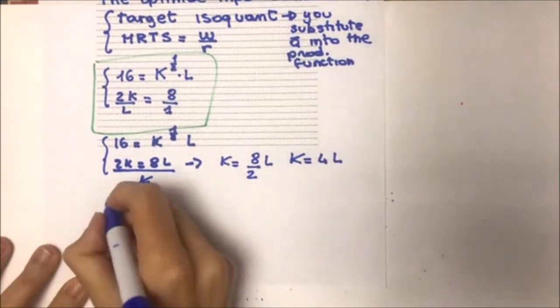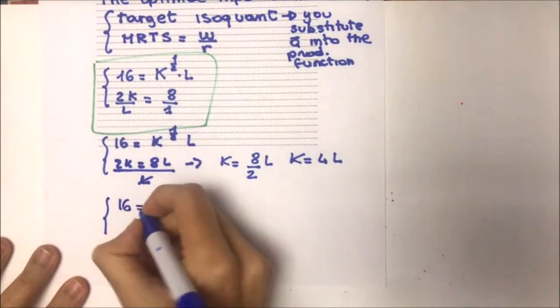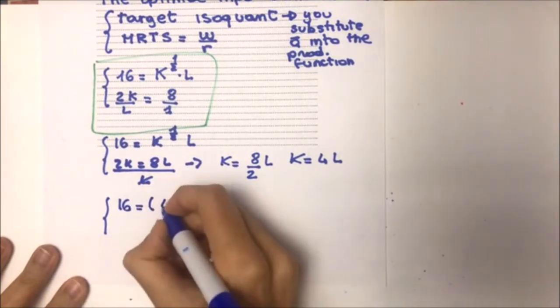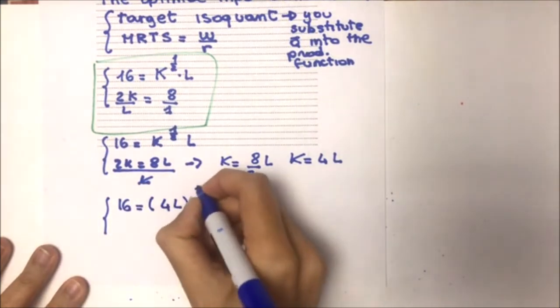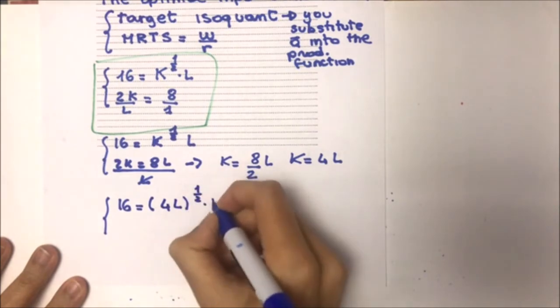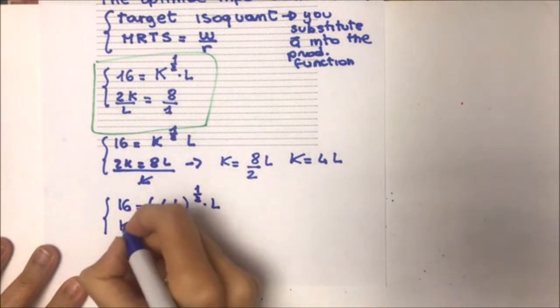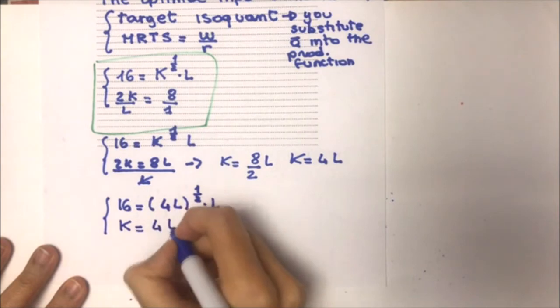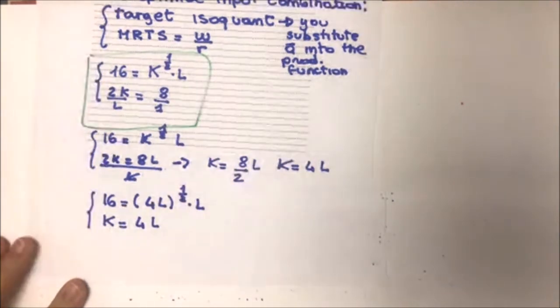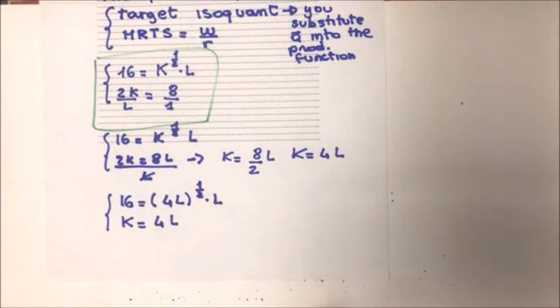And so we have 16 equal to bracket 4L to the power of 1/2 times L, and here k equal 4L. Okay, we go on with the computations again step by step.